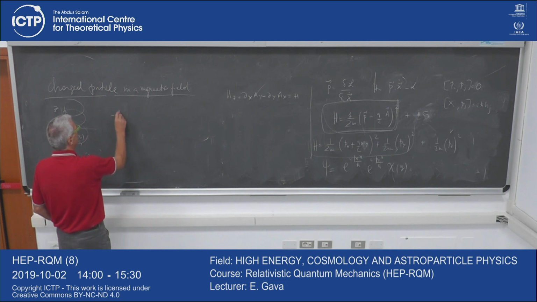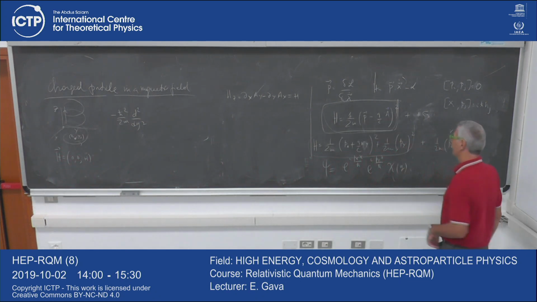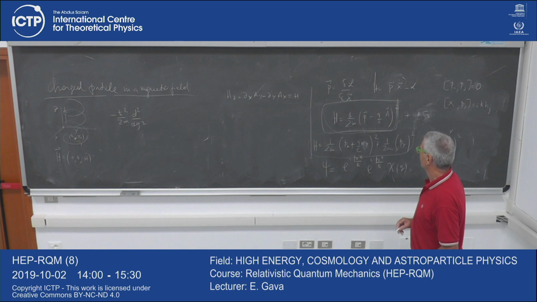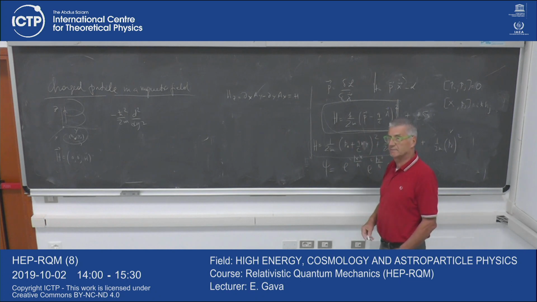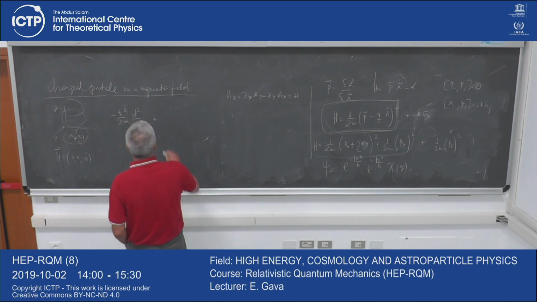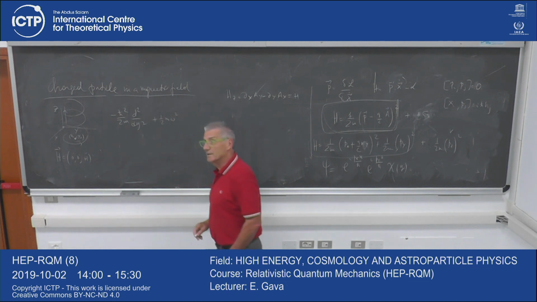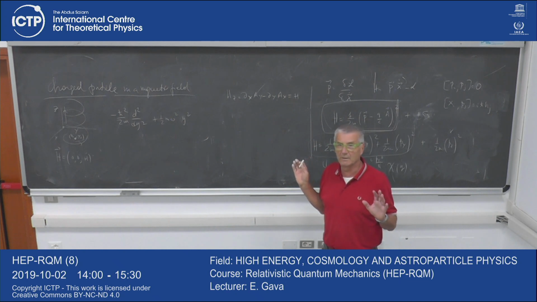So you have minus h squared over 2m, and then this I can rewrite in the form y minus some constant, which I call y0. I want to write it as 1/2 omega squared, some omega squared, times y squared. This is the way the harmonic oscillator Hamiltonian appears. This would be the standard canonical harmonic oscillator.